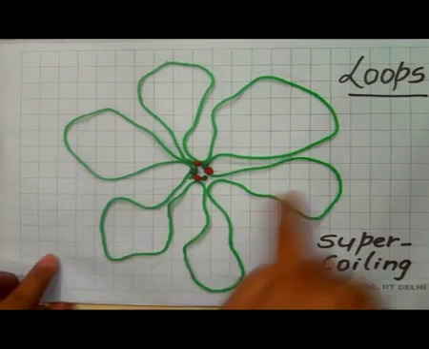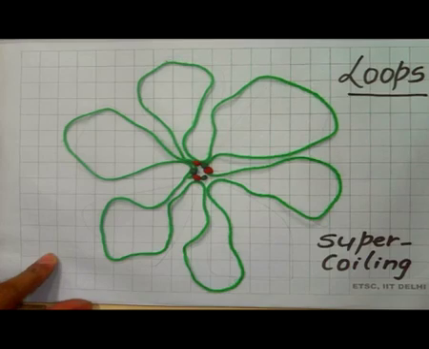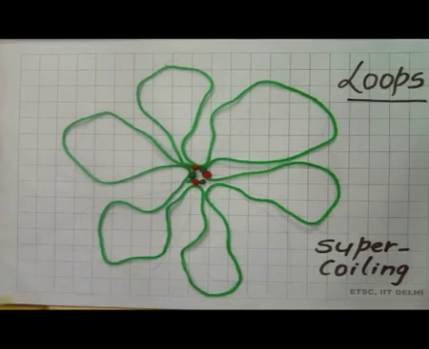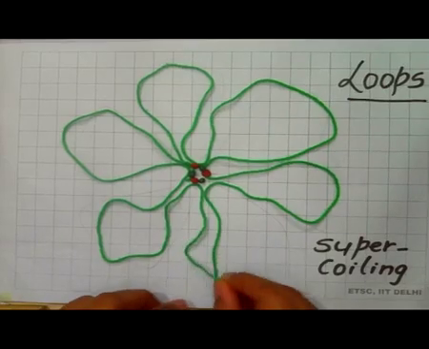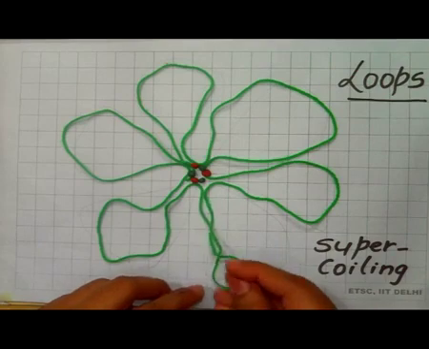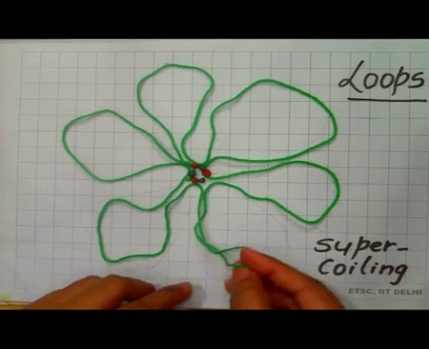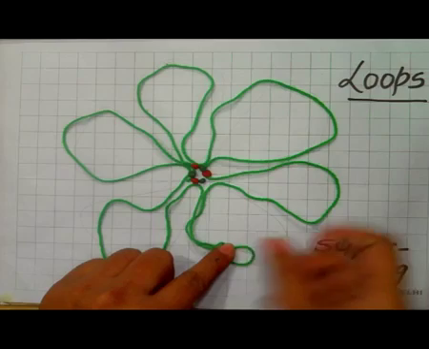Now these loops of the bacterial genome again form supercoils. You can see in this slide, these loops will again get coiled, supercoiled, to reduce the size. If you see the difference in their sizes, these loops will form negative supercoils like this to reduce the size.